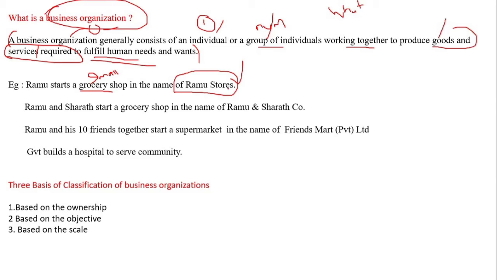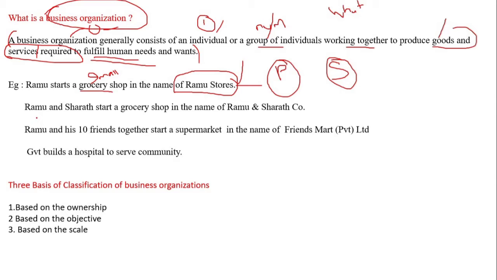Ramu Stores is a business organization. So, why does Ramu start a grocery shop? To earn profit. It's okay to earn profit. How do they earn profit? By the way of producing goods and services. So, business organization, objective is profit. Size is very small.